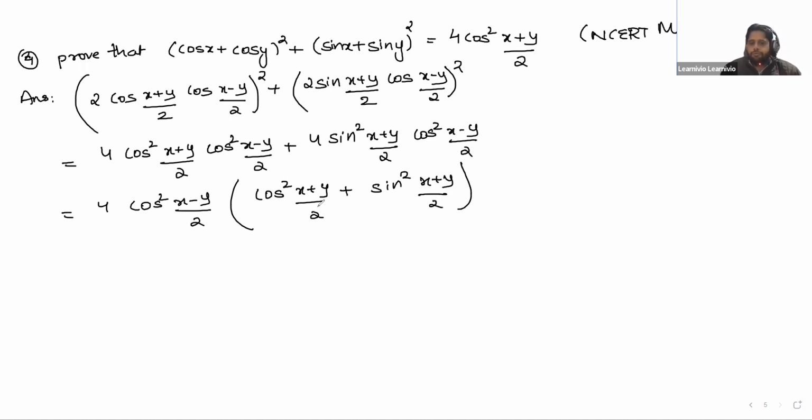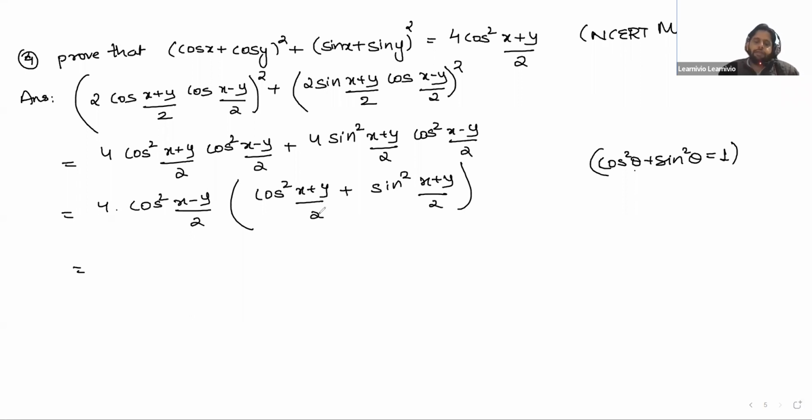Can you tell me what is the formula of cos square plus sin square? What is cos square theta plus sin square theta? This is a trigonometric identity. We have discussed this yesterday, and also done it in class 10.